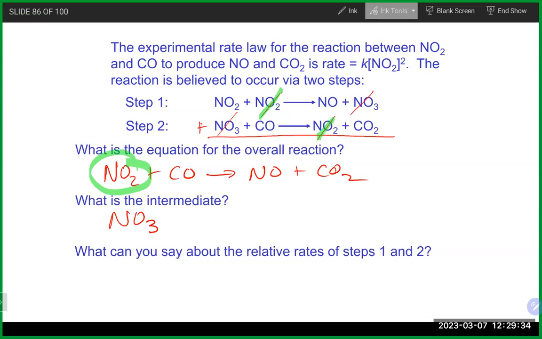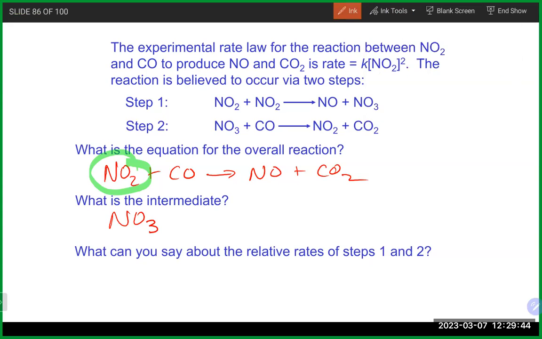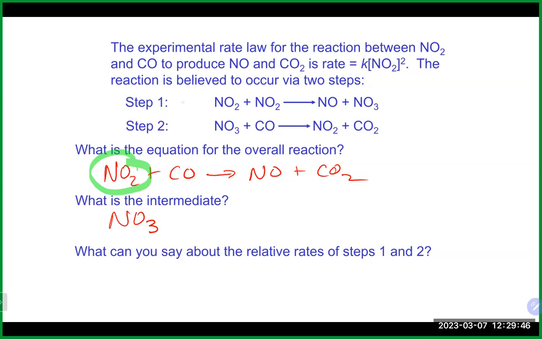Okay, so now let's talk about what we could get from this mechanism. Because these are all elementary steps, and in each case they're bimolecular, with two things reacting, we can actually write a rate law for each step.